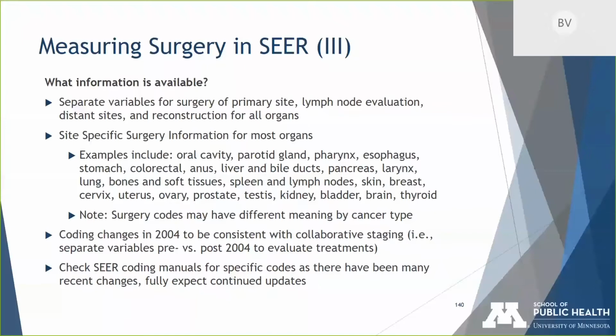So make sure that you, again, check those coding manuals to make sure that you understand where those changes occurred, when they occur, and what those values mean. As always, we fully expect that there will be continued updates over time as more information becomes available and as the SEER registries evolve.